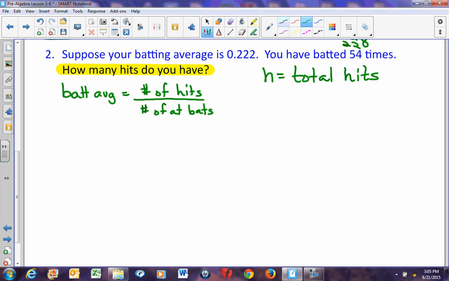So if I follow this formula, 0.222 equals my total number of hits, which is H, divided by the total number of at-bats, which is 54, because it says I batted 54 times. So there's my equation. To solve my equation, I'm going to multiply both sides by 54.